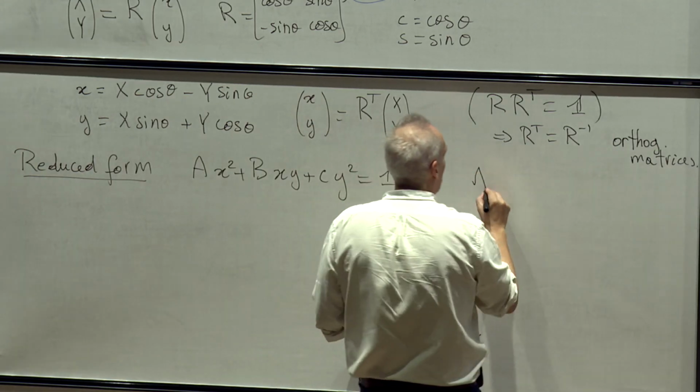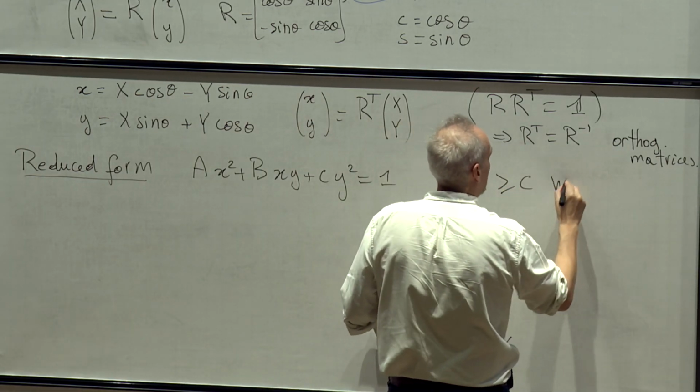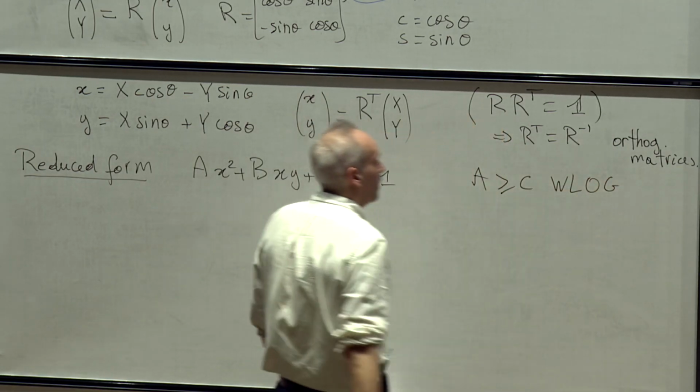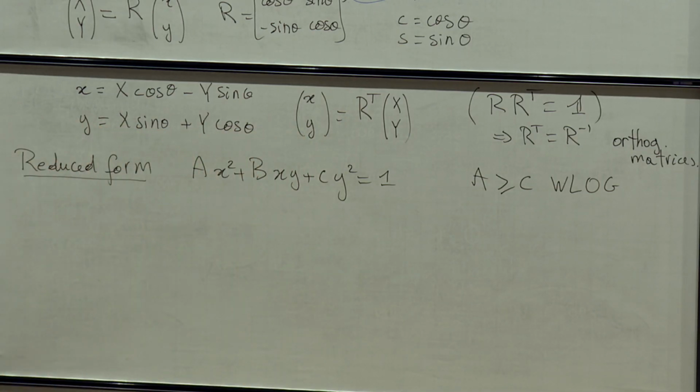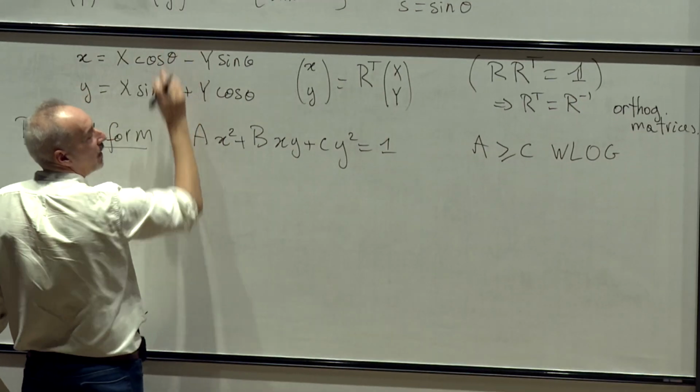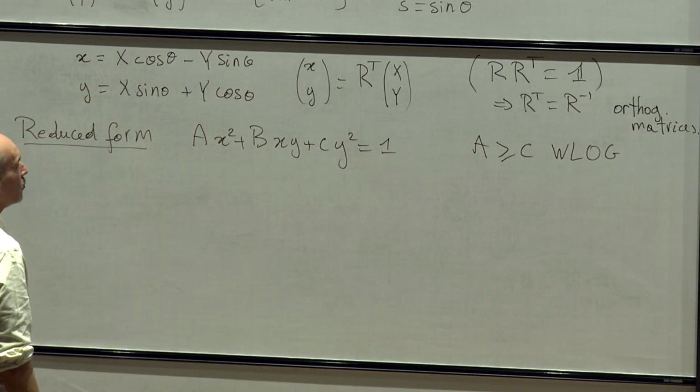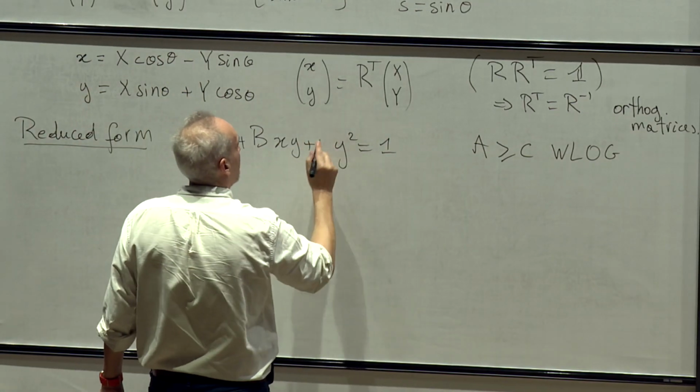And I'm going to assume that a is bigger than c without loss of generality. If it's not the case, I can always change the names x and y for it to be true.